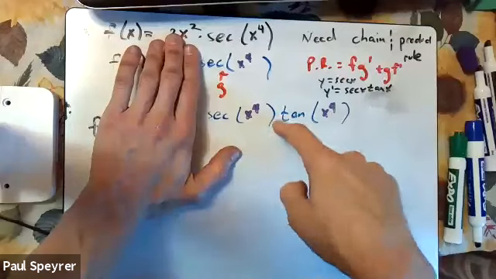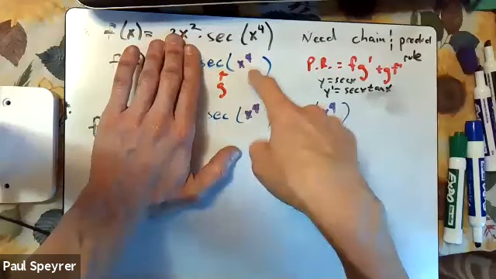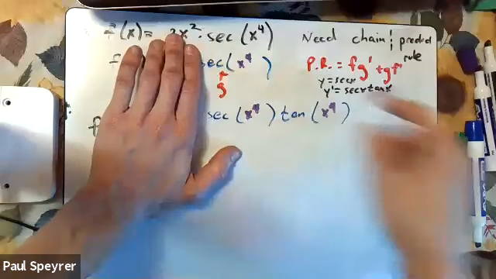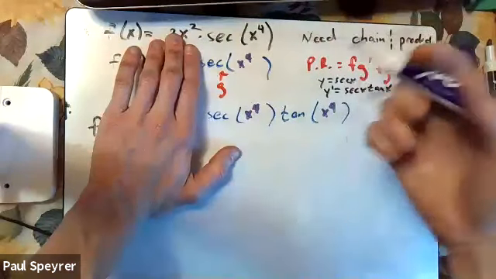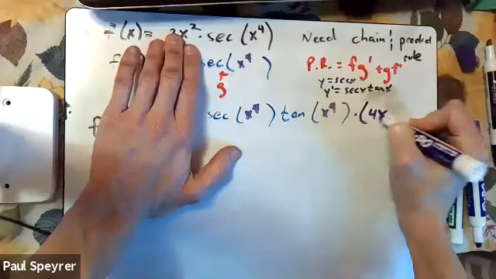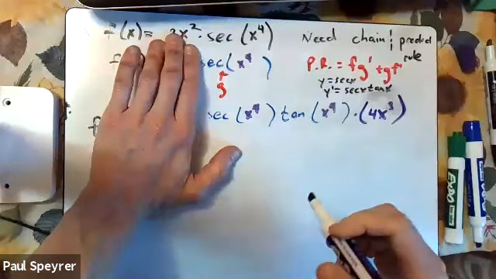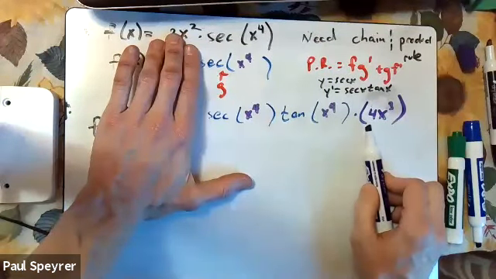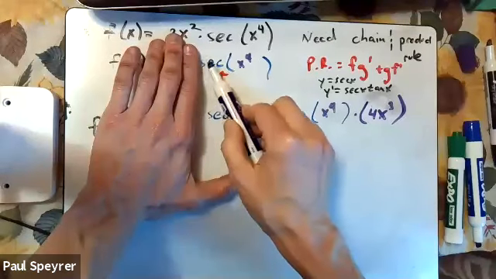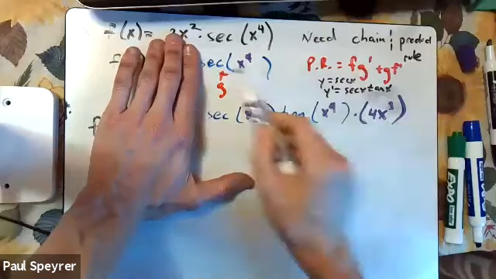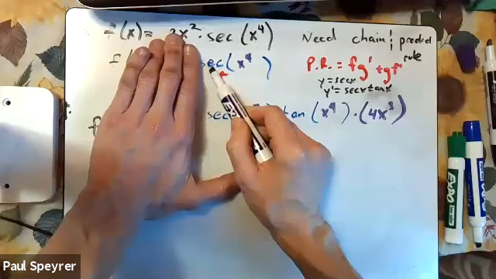So now that we've derived the outside, we need to derive the inside. So that's the derivative of the purple. What's the derivative of the purple stuff, x to the fourth? That is 4x cubed. So that was all this mess was g prime, right? That was just the derivative of this component right here. That was just this little piece. Again, we got to do the derivative of the outside first.